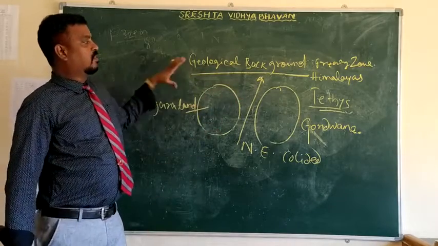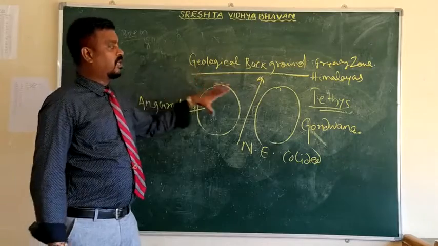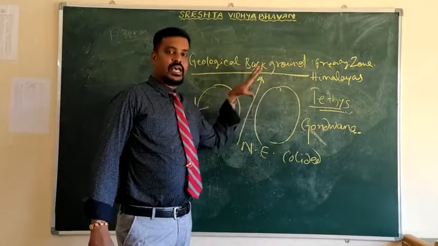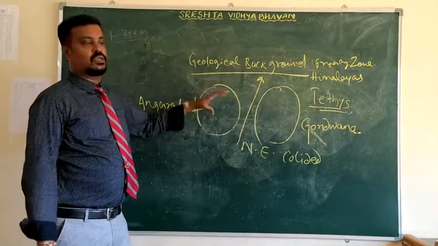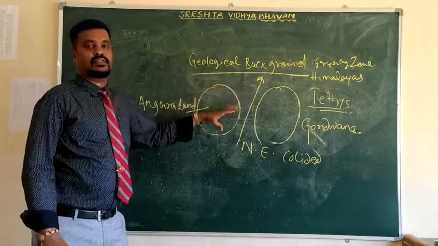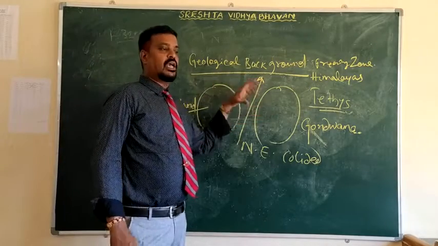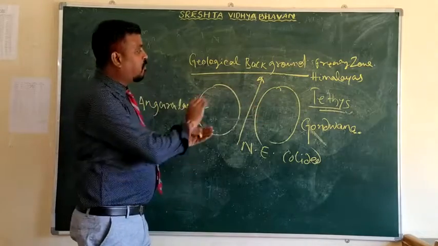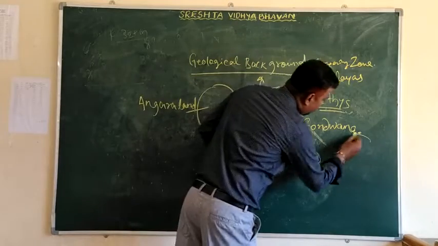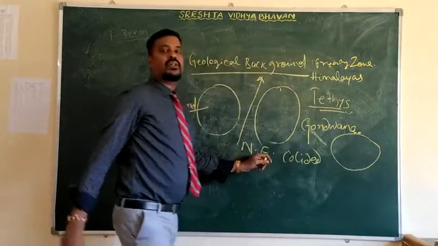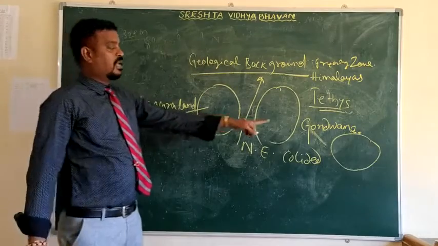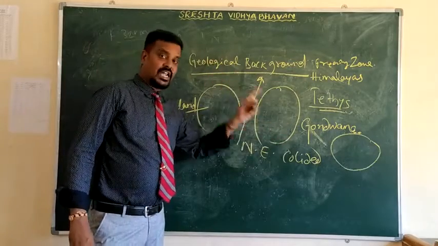Whenever the perennial rivers flow to their respective places, they bring mud, silt and alluvial soil and deposit it in the plain areas. These plain areas are fertile land.